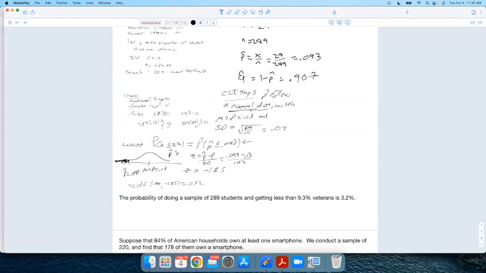It's not impossible, but it's unlikely. It's unlikely that if you take a good sample you'll get that few veterans in your sample.